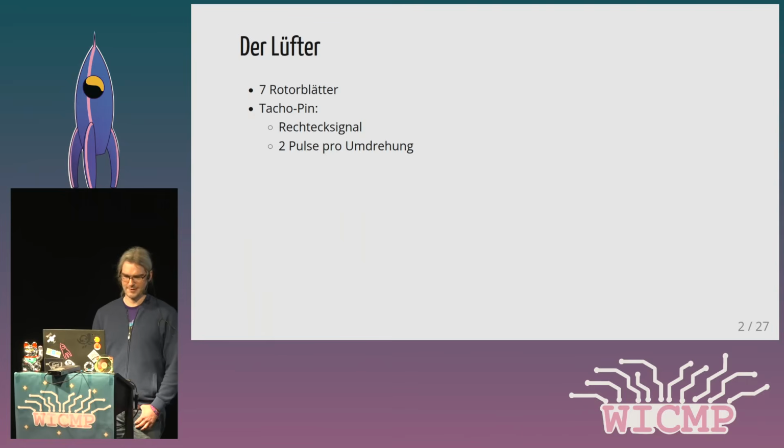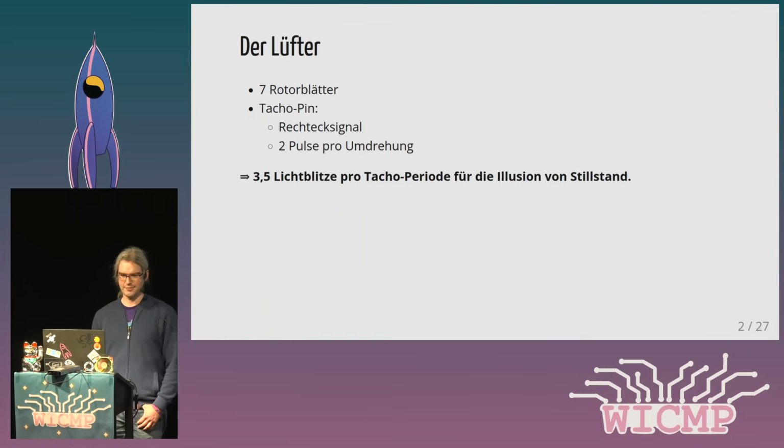And if we think about what needs to be done to make this fan appear still standing, and we want to illuminate each fan blade, then we come up with 3.5 light flashes per spin period.